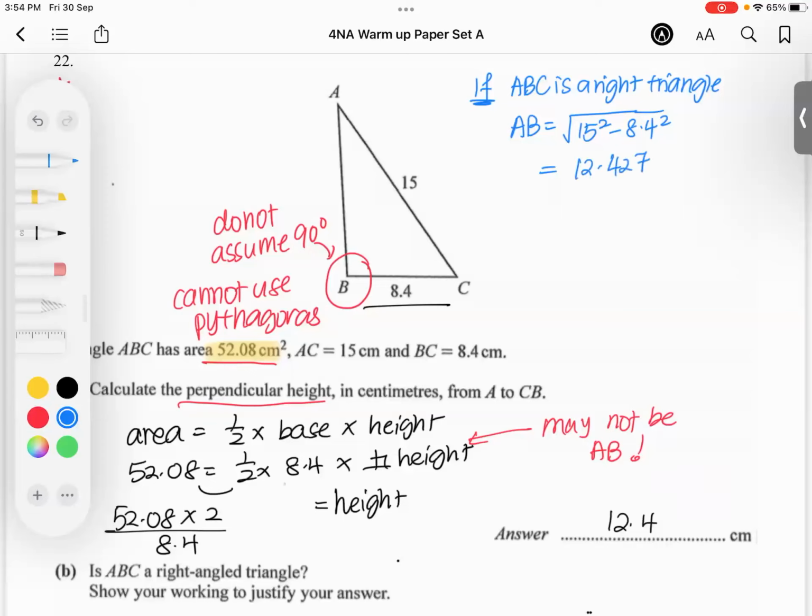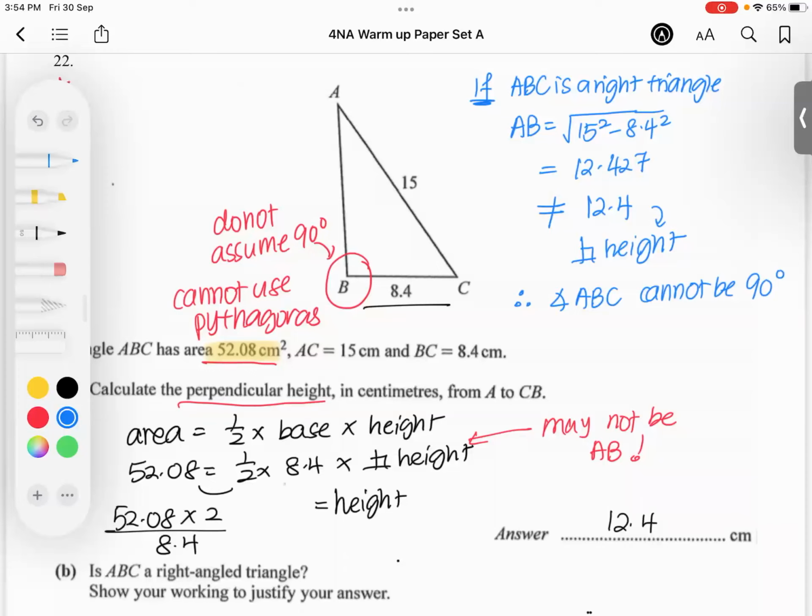But this is not equal to the perpendicular height of 12.4 cm. Therefore, angle ABC cannot be 90 degrees. This is what some teachers say. You can try to do this instead of writing the Pythagoras theorem. Maybe you might find more sense in it.